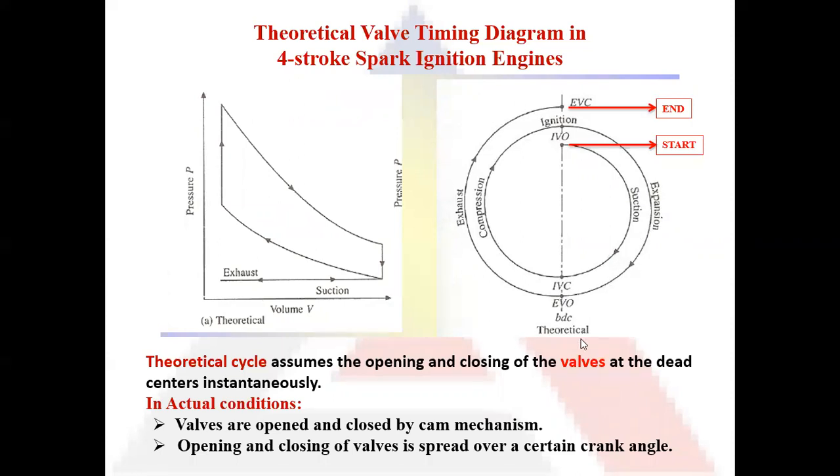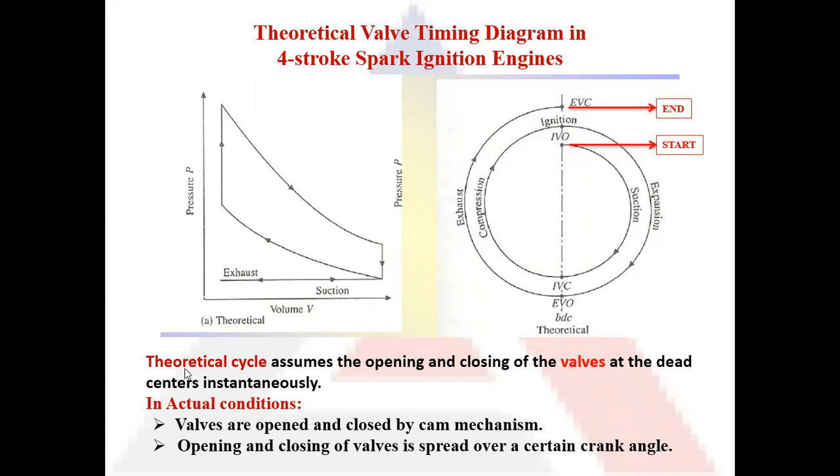So in this diagram, you can see that all the information about the opening and closing of valves and the ignition is there. So this is your valve timing diagram for a theoretical four-stroke petrol engine.